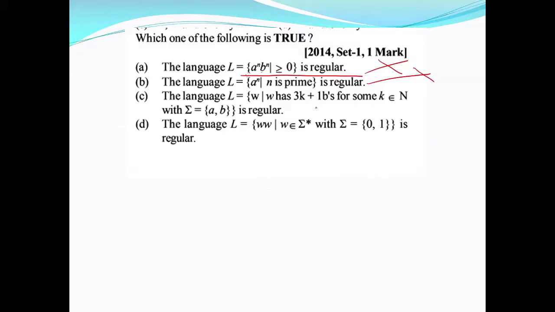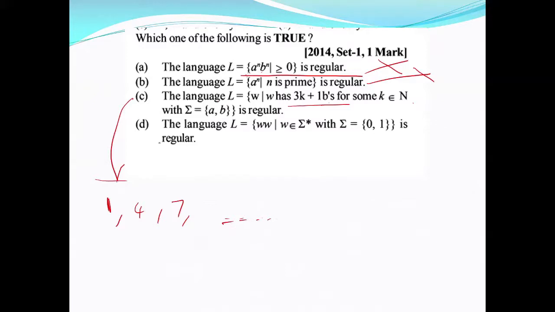W says that W has 3k plus 1 B's. That is when the number of B's in your string divided by 3, the remainder is 1. 3k plus 1, okay, equal to n. So this is regular. You will have either 1 B or 4 B's or 7 B's in your string. All such strings will be in this language.